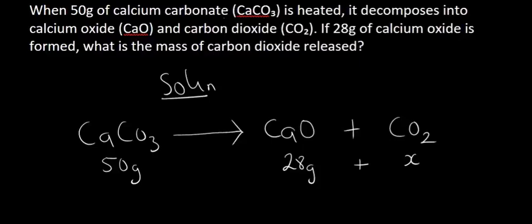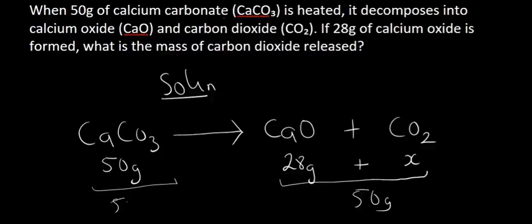Can you see? It's simple. Bear in mind that the mass of the reactant must be equal to the mass of the product. So if here is 50 grams, it means that here also will be 50 grams.